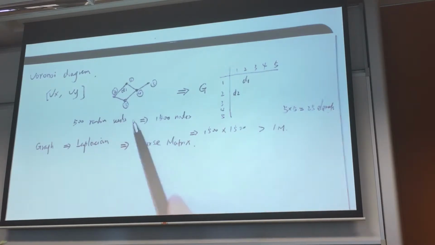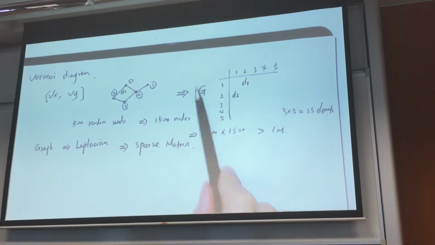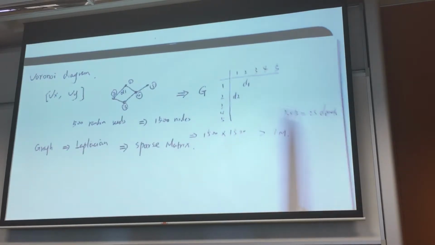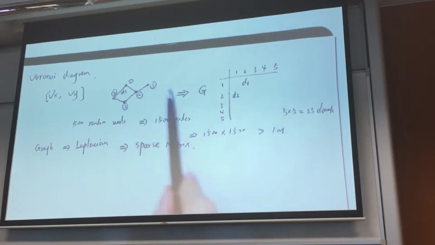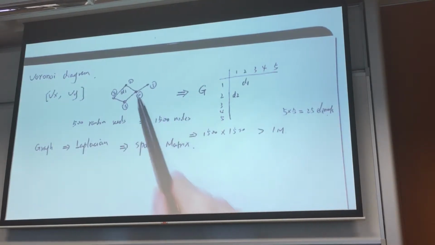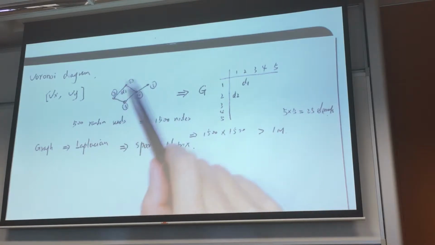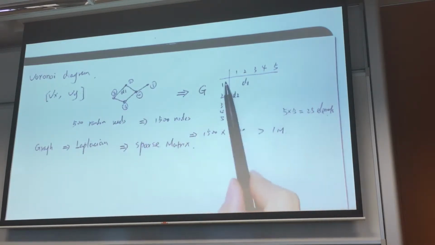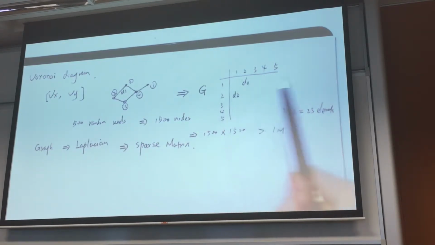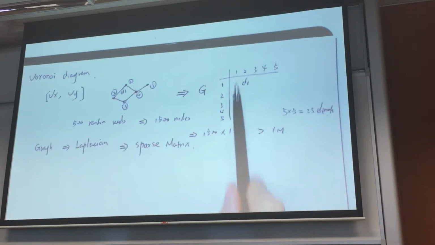In a graph, a lot of elements actually have no values because there are no connections. One node only connects to very limited nodes. Think about a row or a column: it means the connection between one node and all the other nodes.